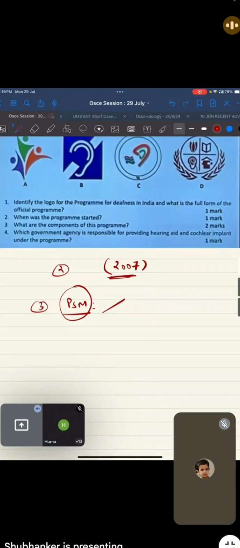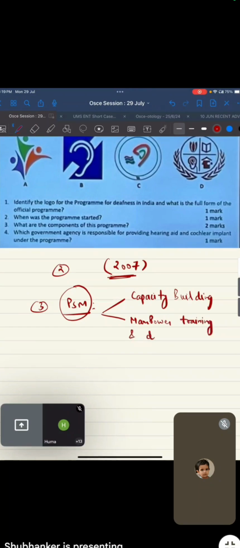And then you all will decide why this has to be given 2 marks. One thing is that there has to be capacity building. Then there has to be manpower training and development. And third will be your service provision.